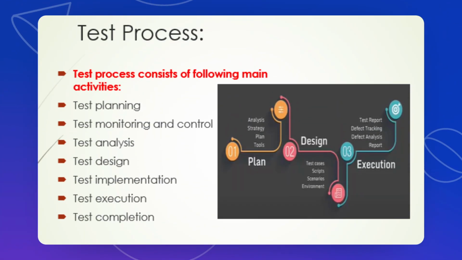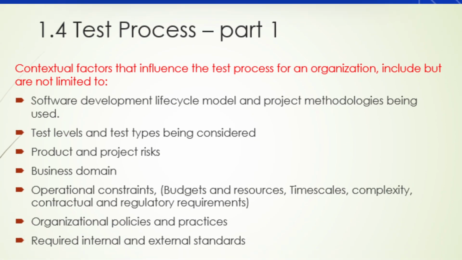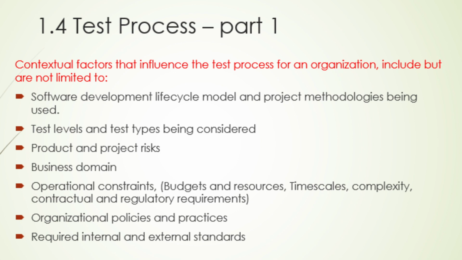Okay, stop sharing. So in the test process, there are contextual factors that influence the test process for an organization, including but not limited to the software development lifecycle model and project methodology being used, and the test levels and test types being considered.